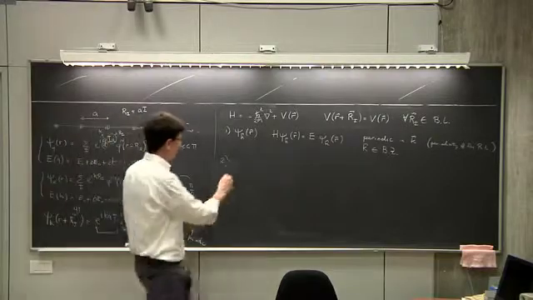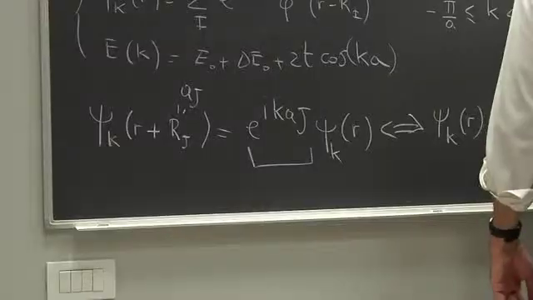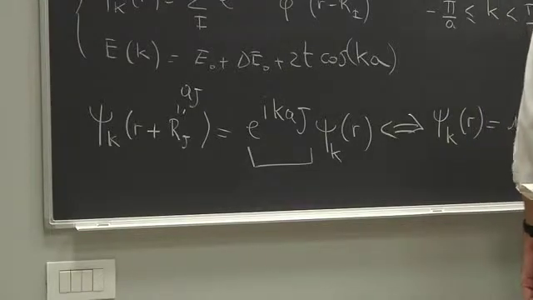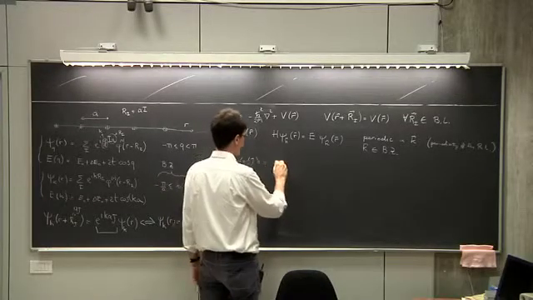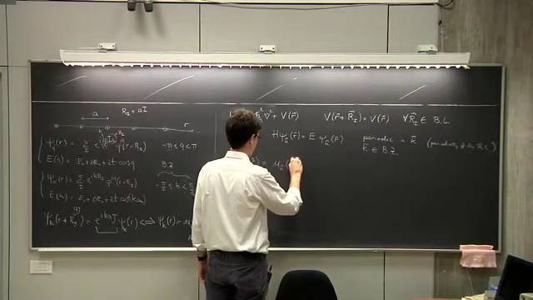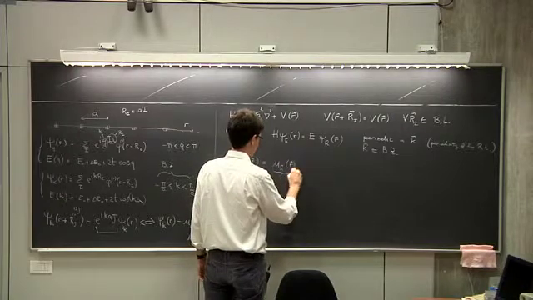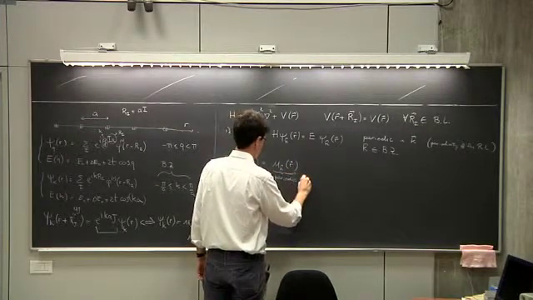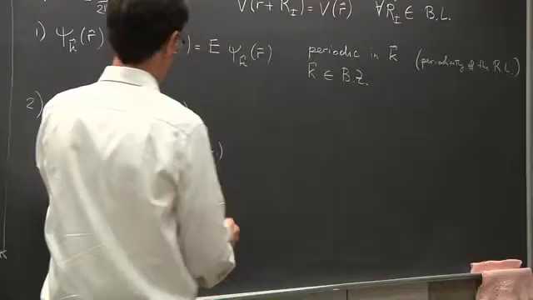Namely, psi of K can be written as u_K of R, where this is a periodic function. Periodic, it's a function of R, right?